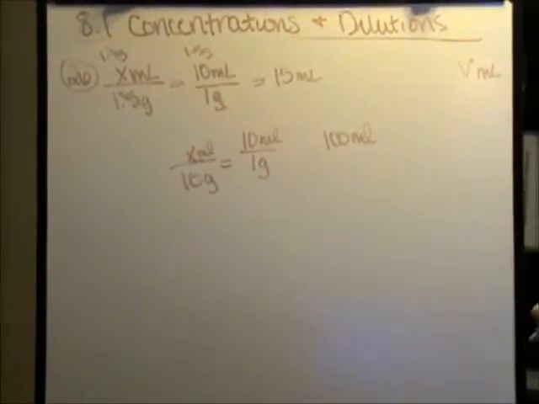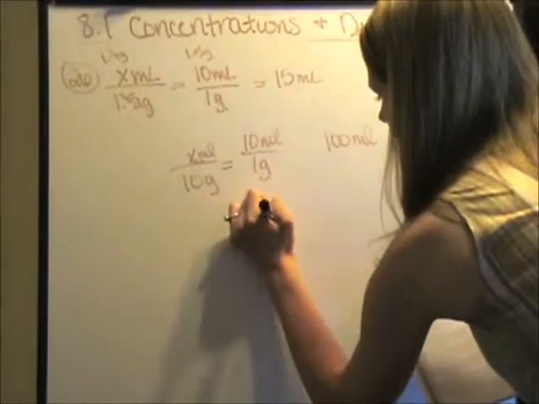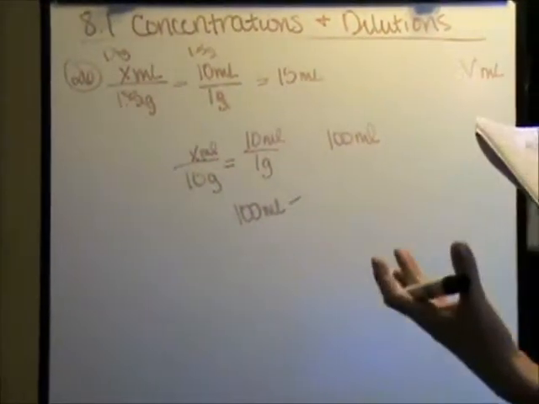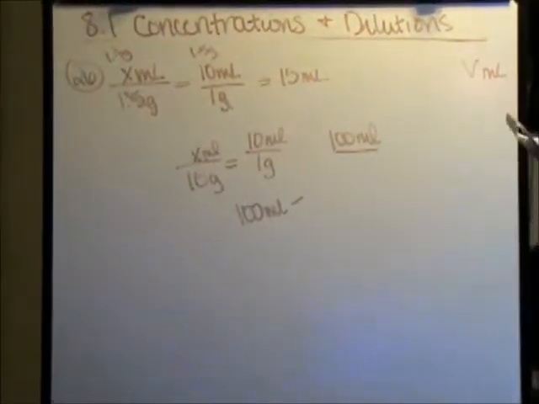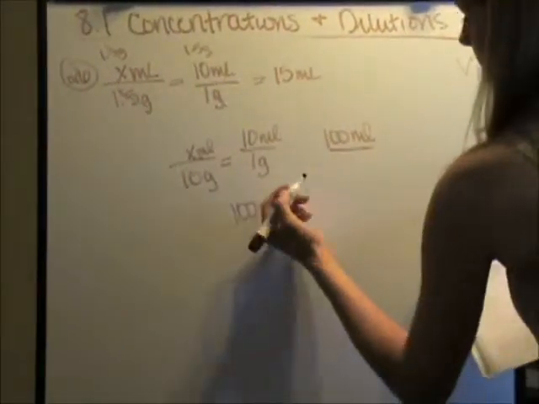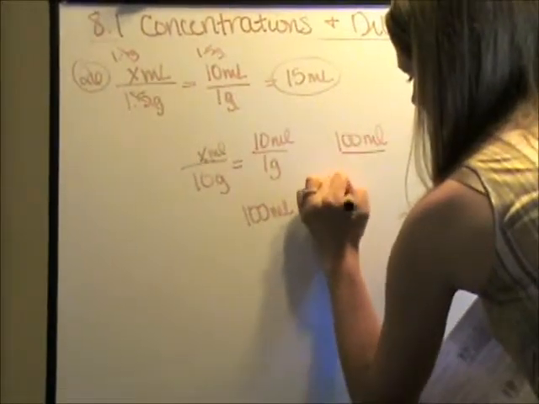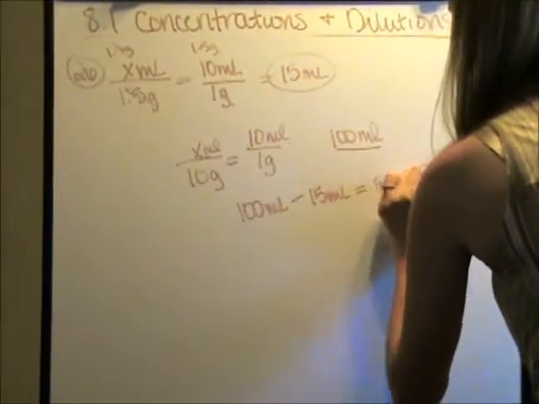This one's kind of easy. You can just look at it and figure that out. But we know that the final volume, if we look at B, assuming we have a new vial, and the vial is 100 mils, how many milliliters will remain in the vial after you've prepared the order? So 100 milliliters minus the amount we're going to draw out of the vial, and we're going to have 85 milliliters left.